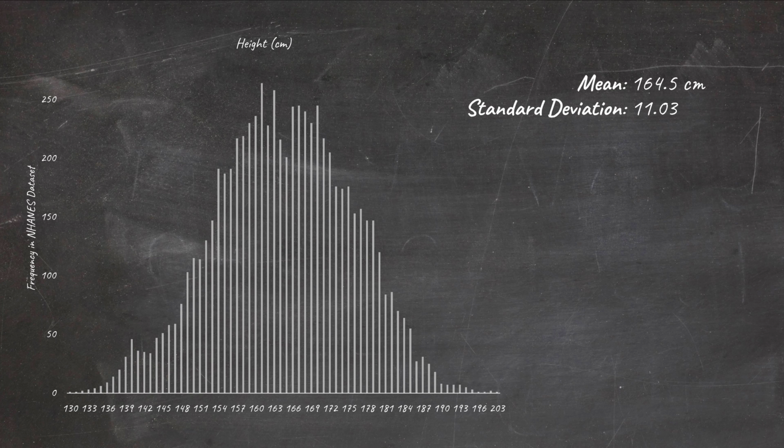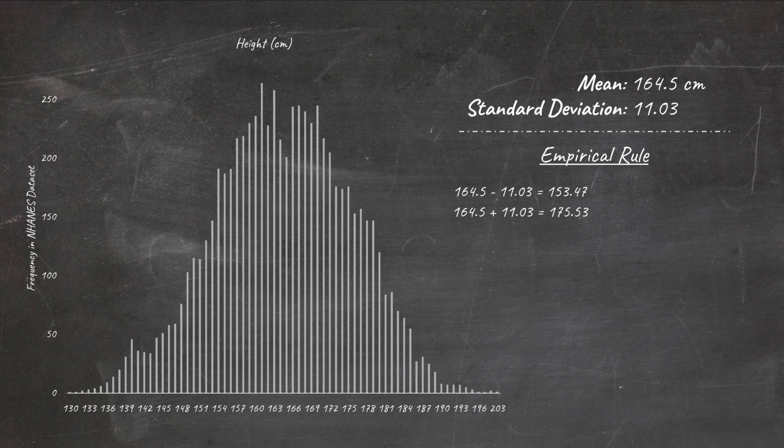Without knowing all 9,000 observations, just knowing these 2 numbers, the mean and the standard deviation, we can do a little math. We can take the mean, 164.5, and subtract 11.03, the standard deviation, and that gives us 153.47. And then we can also add the standard deviation to the mean, and that gives us 175.53.